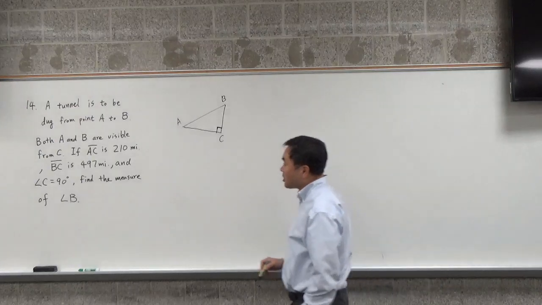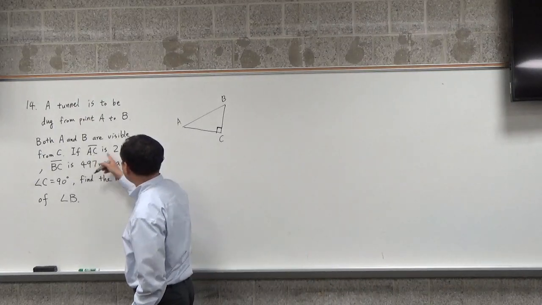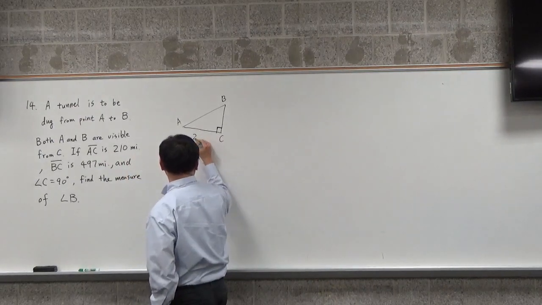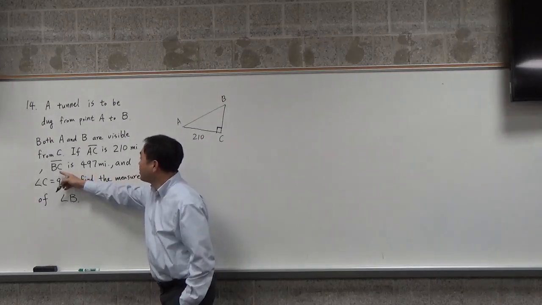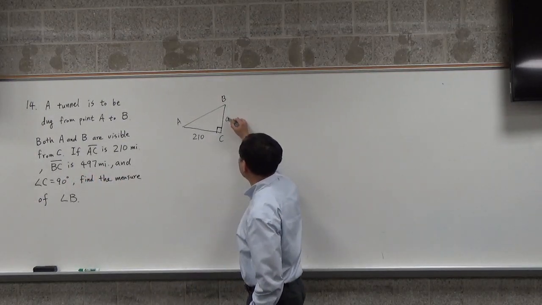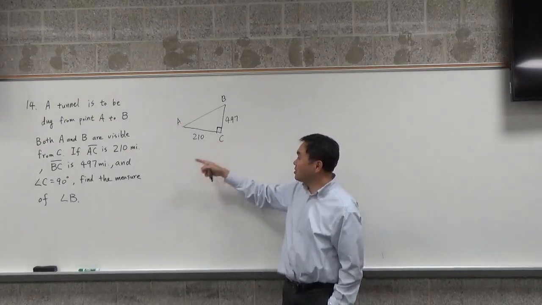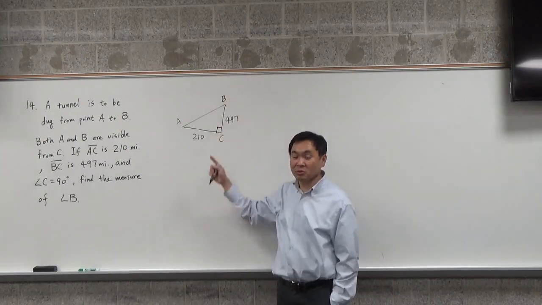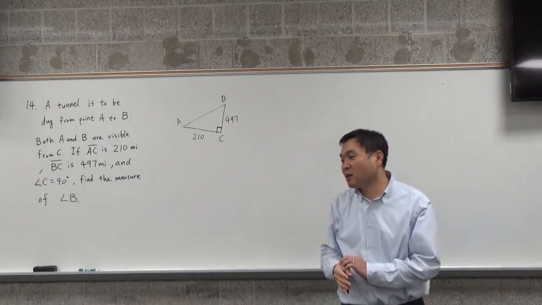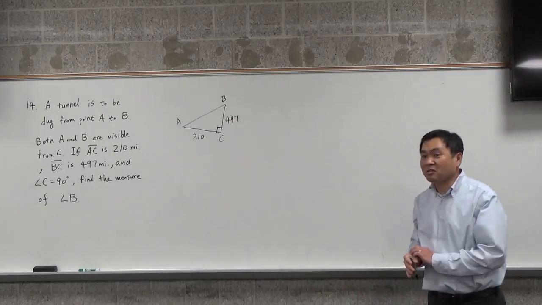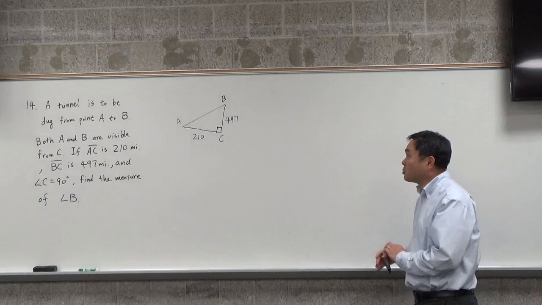Let's mark those lengths. AC is 210, and BC is 497. Definitely the figure is not drawn to scale. According to here, BC has to be longer, but it doesn't matter because at the end of the day, the formula that we will get will be the same thing.